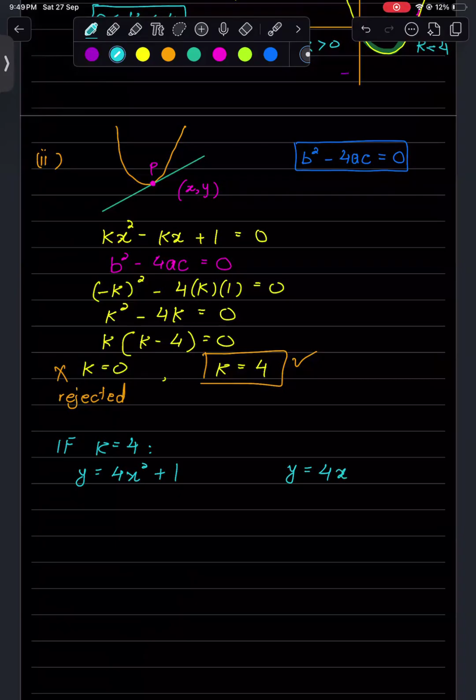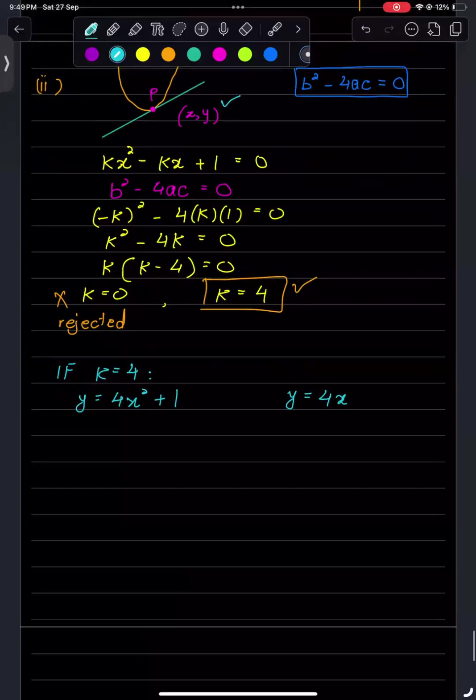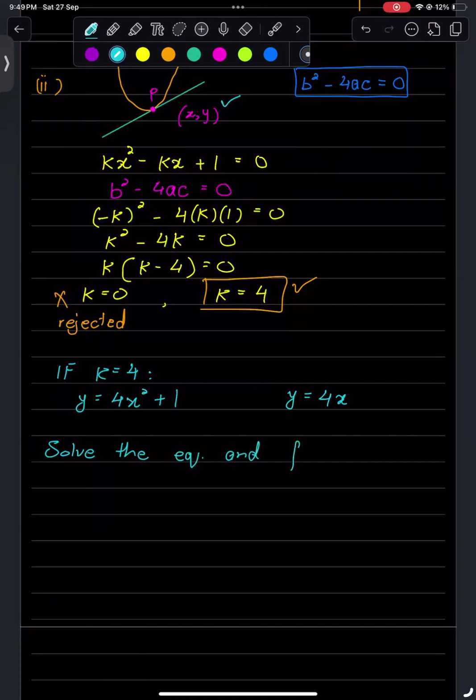Solving these equations simultaneously, you have to find these x and y coordinates and the point of intersection.